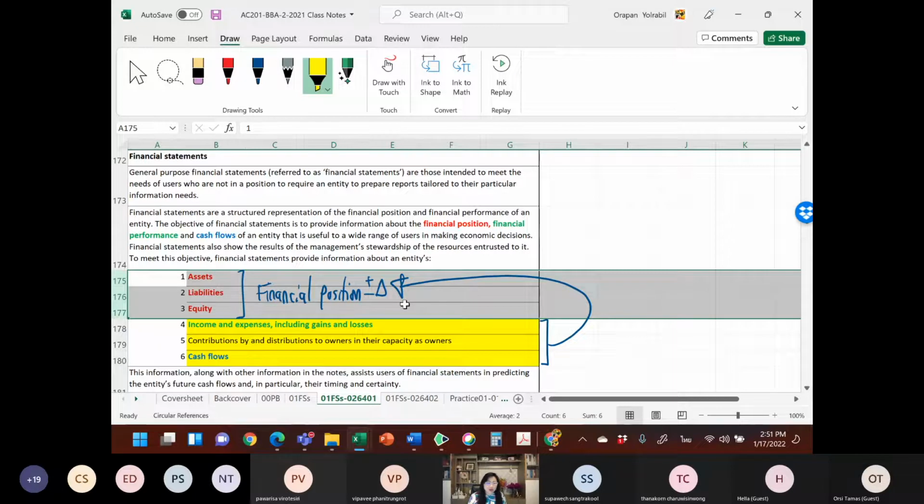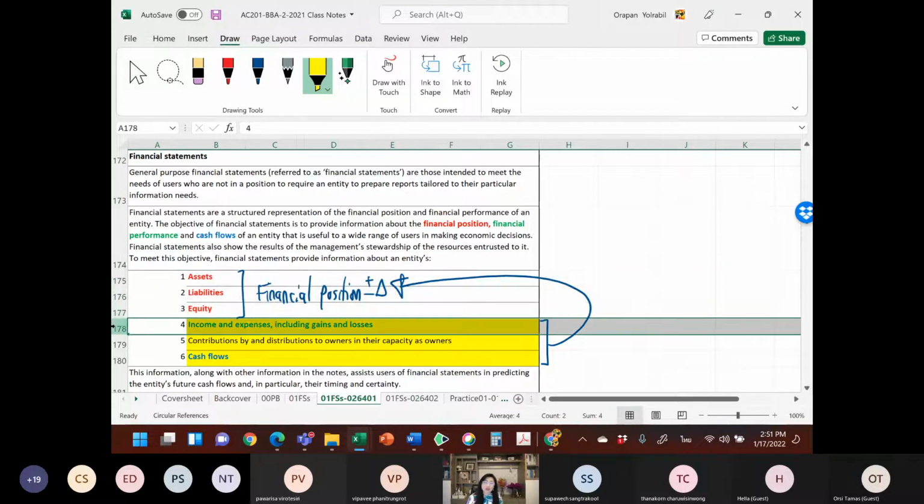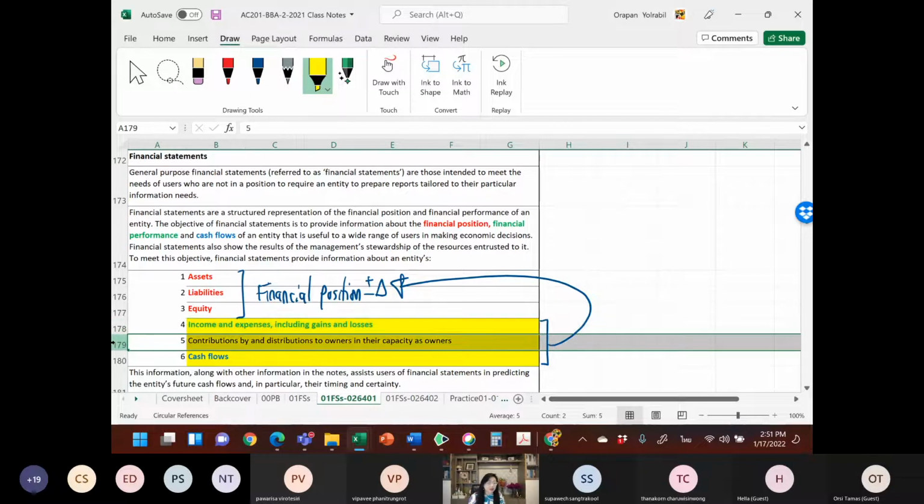You may wonder, Ajahn, why is the financial position changing? It may be because the company has revenues, the company has expenses, the company has profit or loss, right? Maybe that's one of the reasons for the change. Or maybe it is because the owner invests more in the company, or the owner takes out some of his money from the company, right?